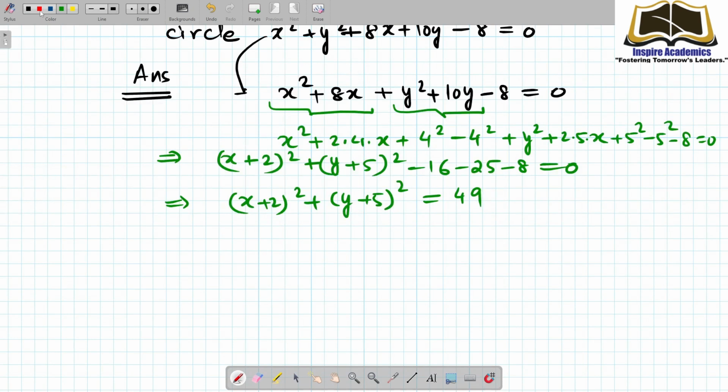So the whole equation has been reframed like this. There is a little correction here.